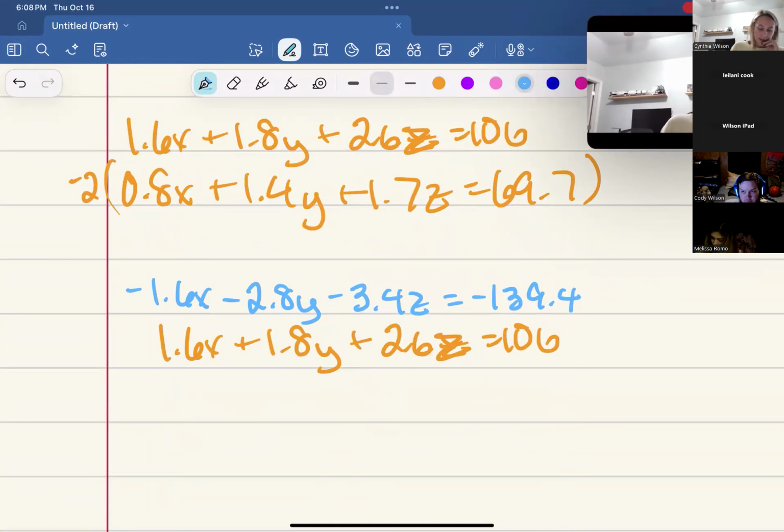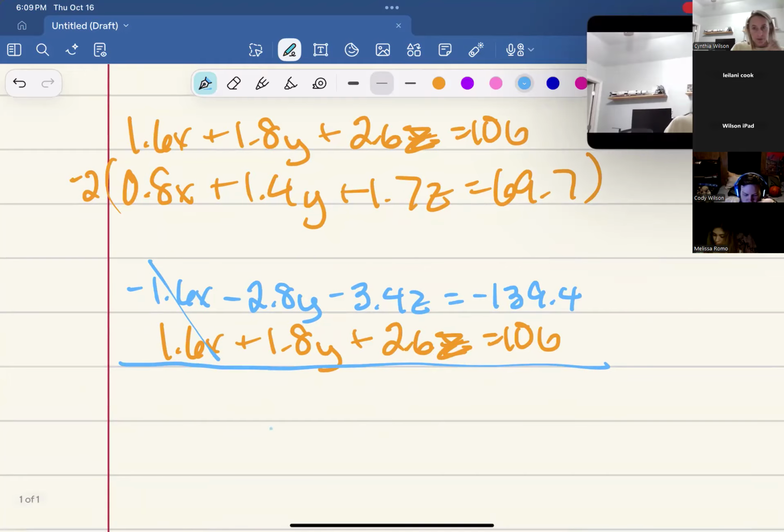All right, so now I can add these together. X cancels. Adding the y's together, we're going to get -1y.